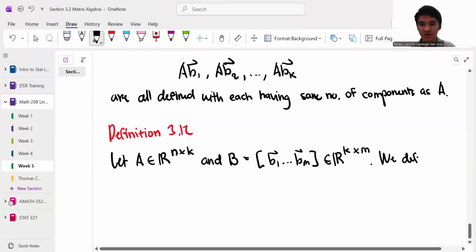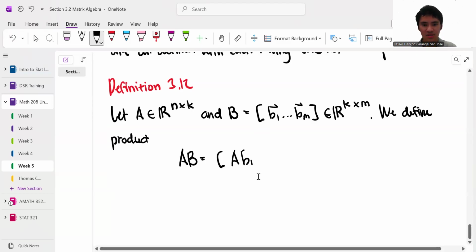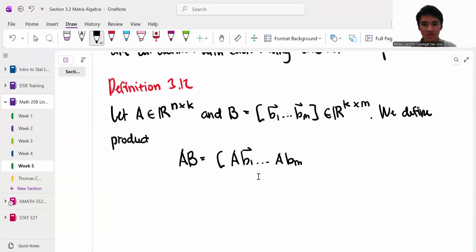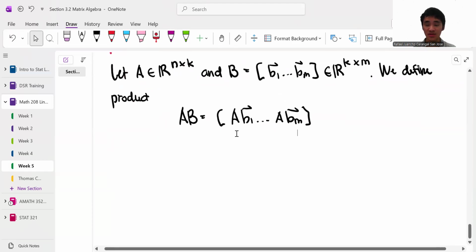So we define the product of these two matrices as AB, which is the same as AB1 all the way to ABm. Okay? So here we're actually multiplying the matrix A to each of the vectors of B. That's what we're doing.